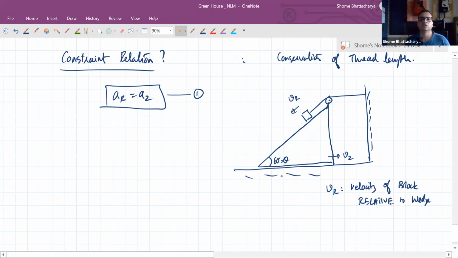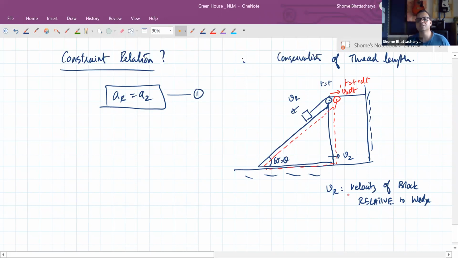In a small time dt, if this is how the system was at some time t, then at a new time t plus dt, this one would have moved through a small displacement. This displacement would be V2 dt.